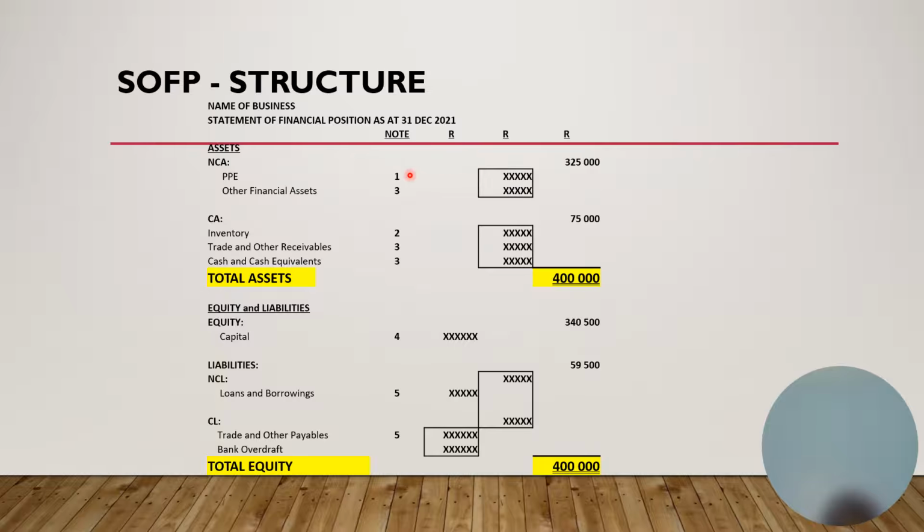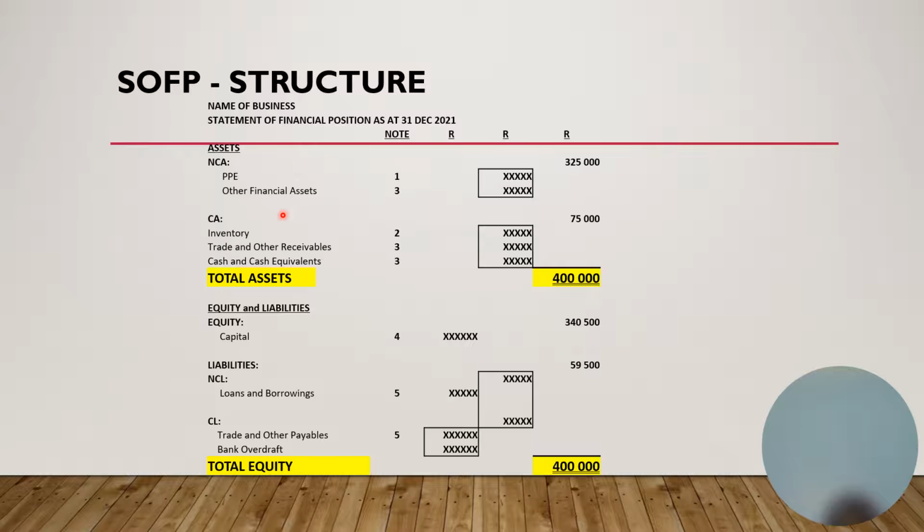You must go and look for the calculation in note 1. For other financial assets, you can see the calculation in note number 3. Your note is like your workings. When you add these non-current assets, they give you the total of non-current assets.